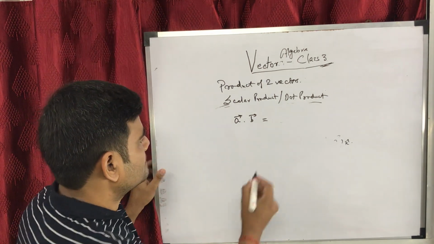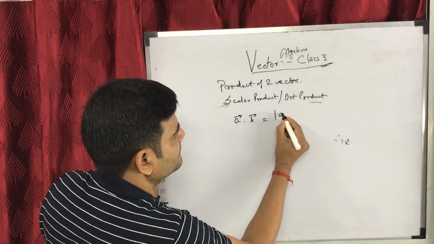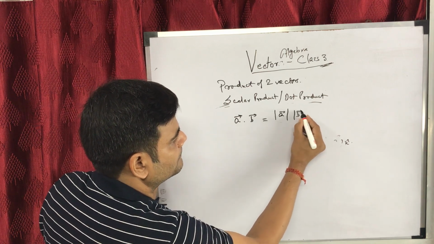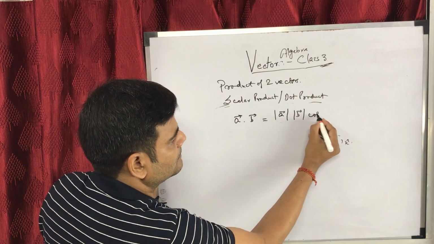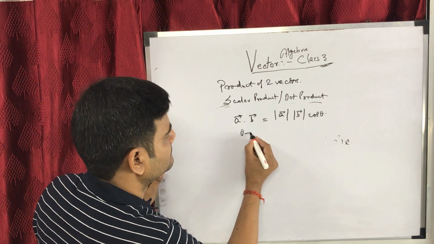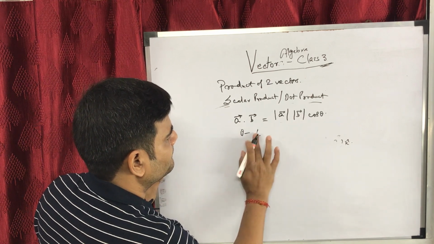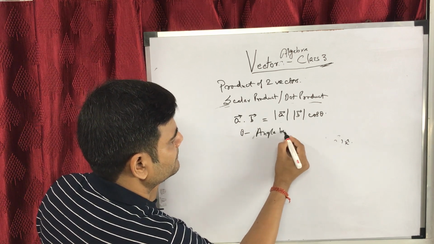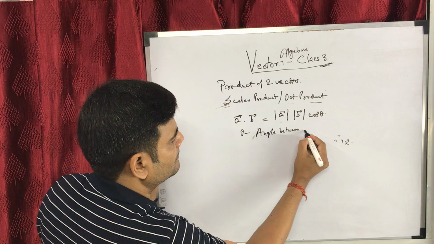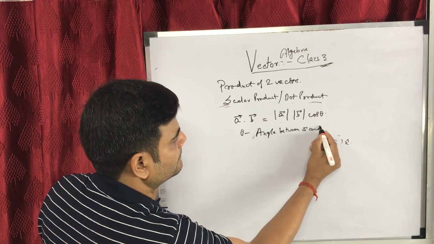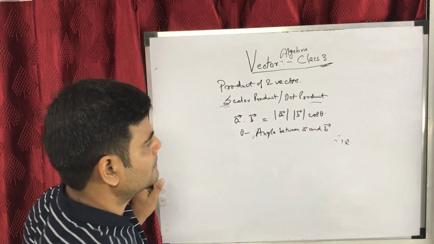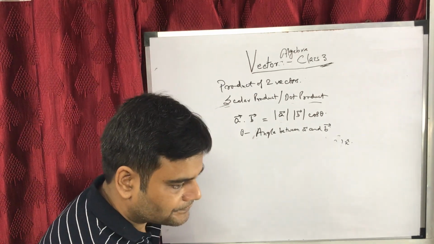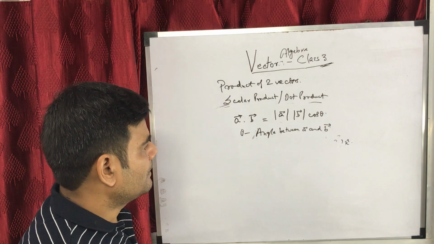It is simply modulus of A, which is a number, into modulus of B, cos theta. What is theta? Theta is the angle between A and B.